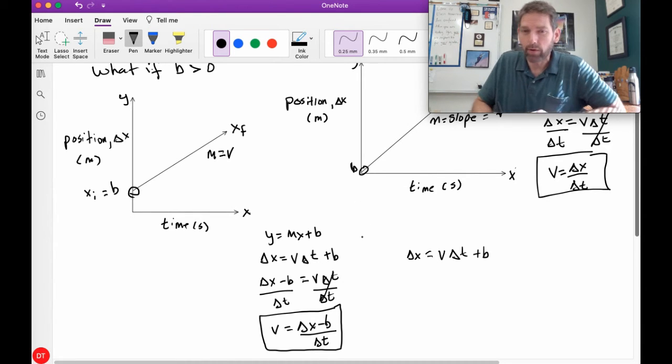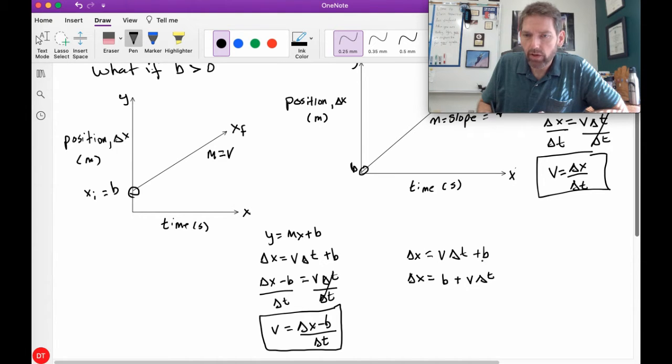All right, so let's think about this for a second. Let's rearrange this now. We can write this delta x equals b plus v delta t. All I did was reverse the order of that, and it's still the same thing.